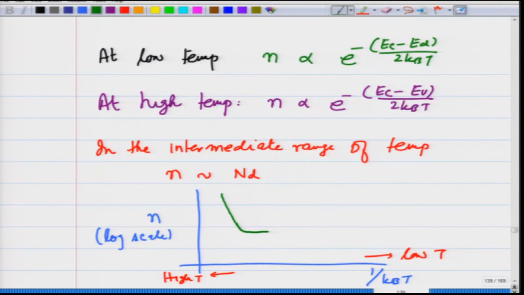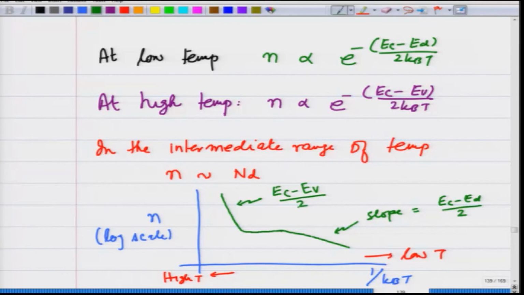Then there will be a saturation because in the intermediate range all the donors are ionized, and then there will be a smaller slope which will be proportional to Ec minus Ed. So, here slope is (Ec minus Ed) divided by 2. Here the slope will be (Ec minus Ev) divided by 2.